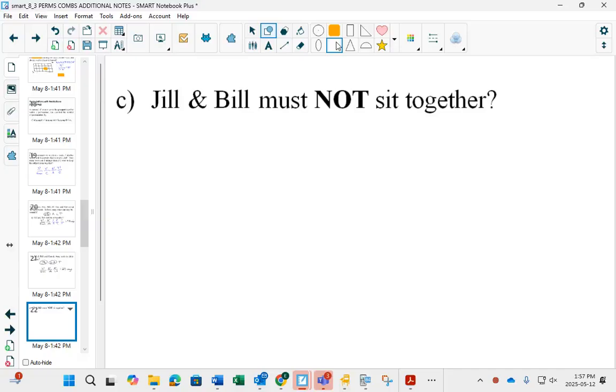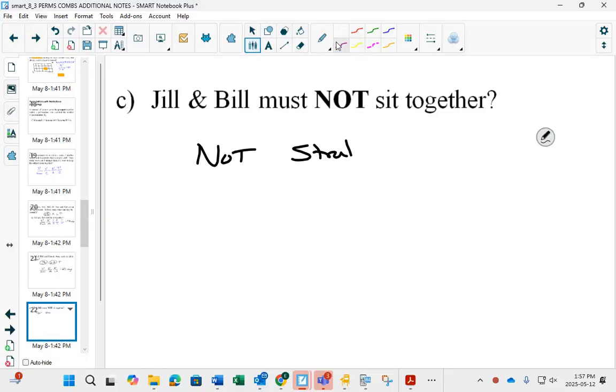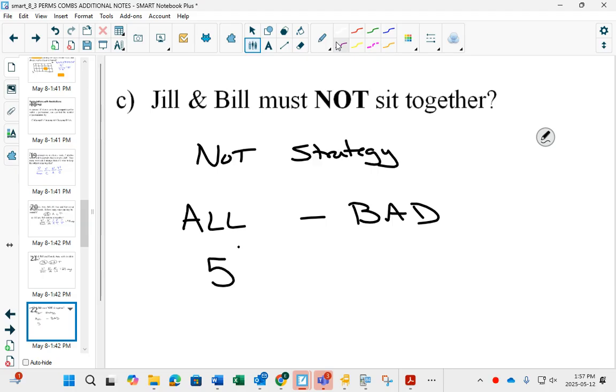And this is a great example of where to use the not strategy. The not strategy, again, is, can we count all of them and minus the bad ones? So all of them would just be 5 people sitting in the park bench, 5 factorial ways. No restrictions whatsoever.